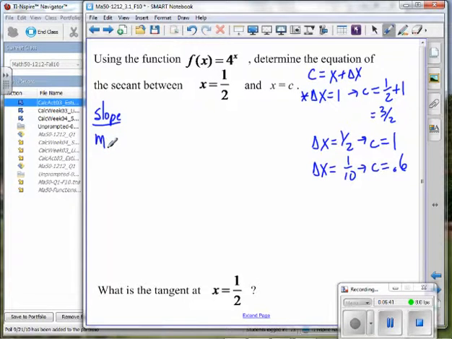On my paper, I write secant down here. When I get to the Inspire, I can't label it on the graph, and so I just say m sec for the slope of the secant.